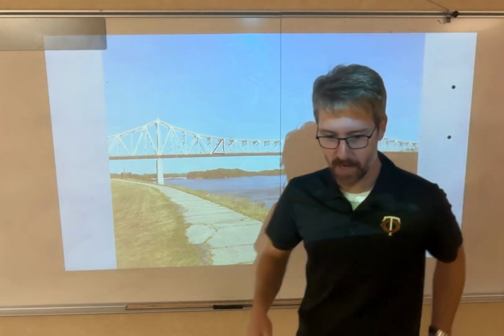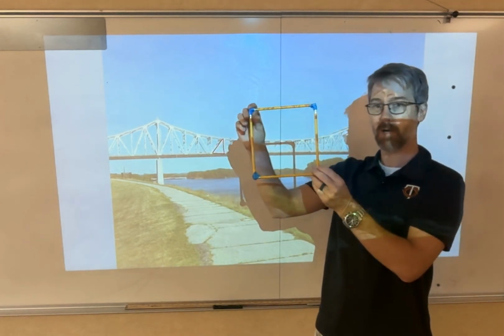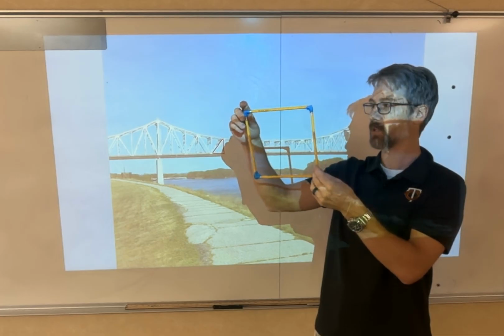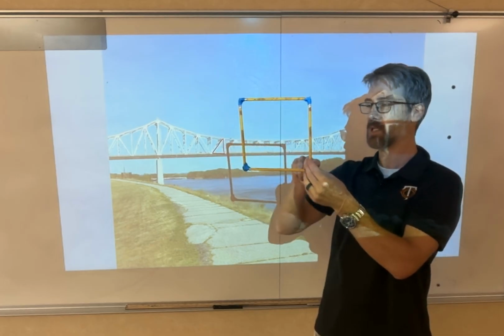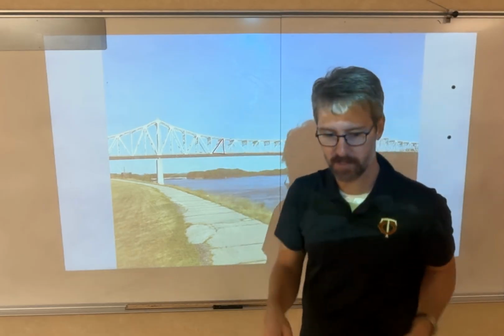I can't bend it at the corners like if I had a square piece, right? Like if I had a rectangular piece. So if there's usually a rectangular section of framing, they put a piece that goes corner to corner, and that keeps it from being able to distort like that.